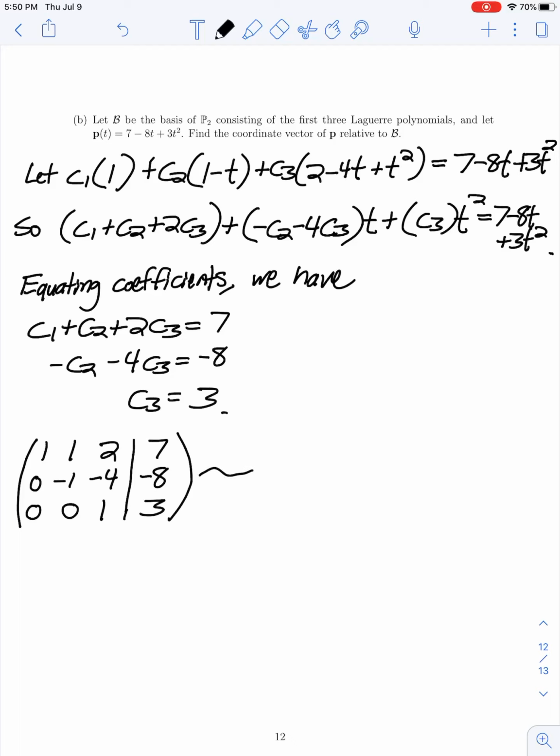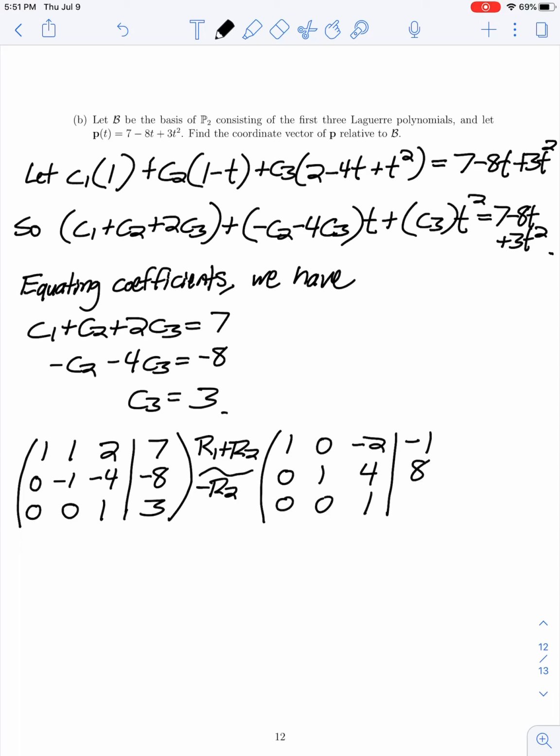So performing row reduction, we could take row 1 and add row 2 to it, which gives us 1, 0, negative 2, negative 1. I could take the negative of row 2, which would give me 0, 1, 4, 8, and my last row is 0, 0, 1, 3.